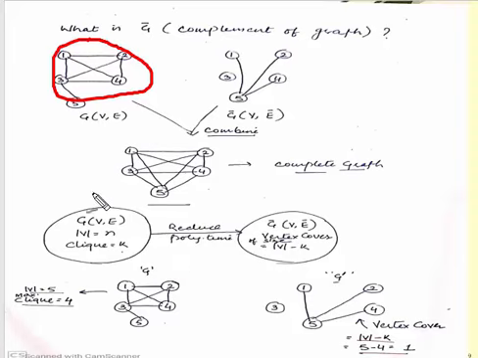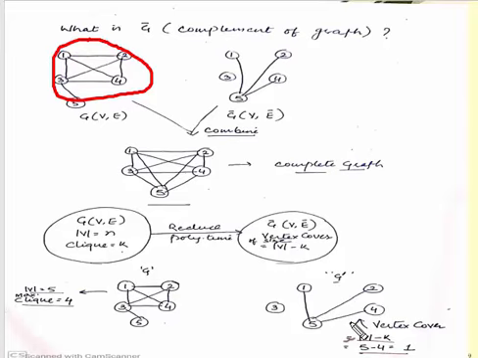So you are giving a graph with a clique of size k, and I need to find out if G dash has a vertex cover of size V minus k. If it is possible, then that means we have reduced this to this in polynomial time. You take this graph, I have made G dash. Now just find out what the vertex cover of this is.